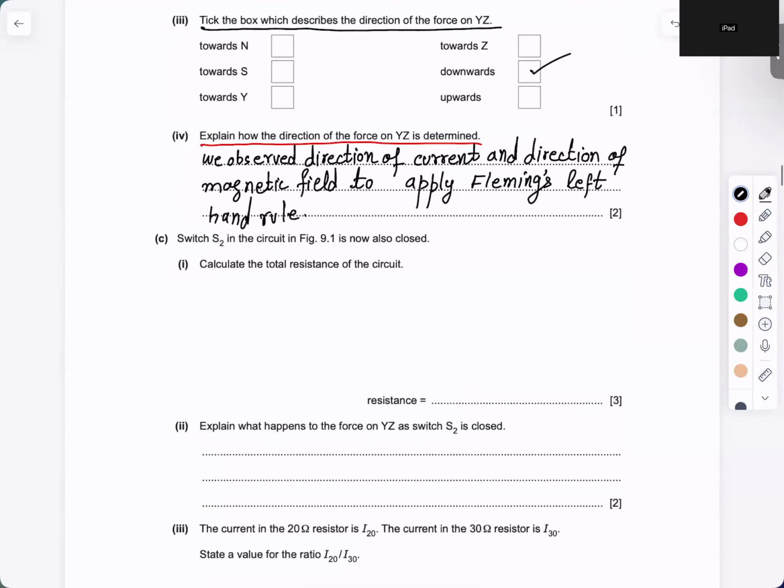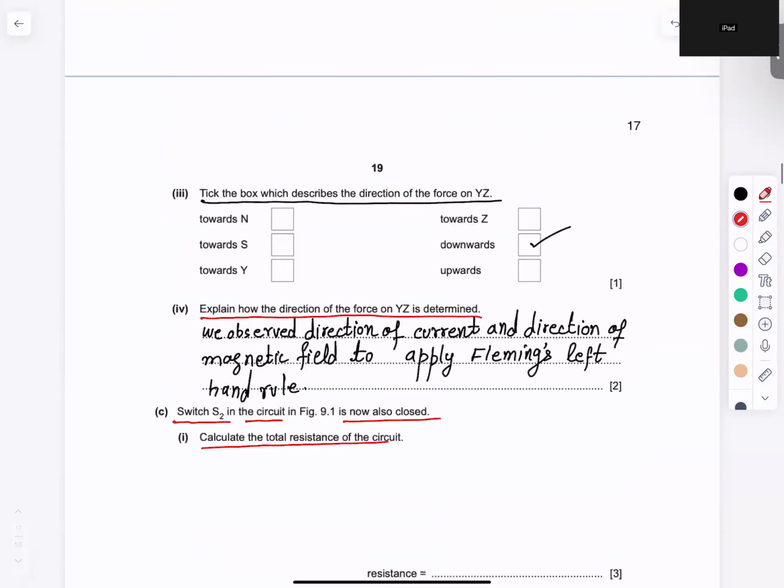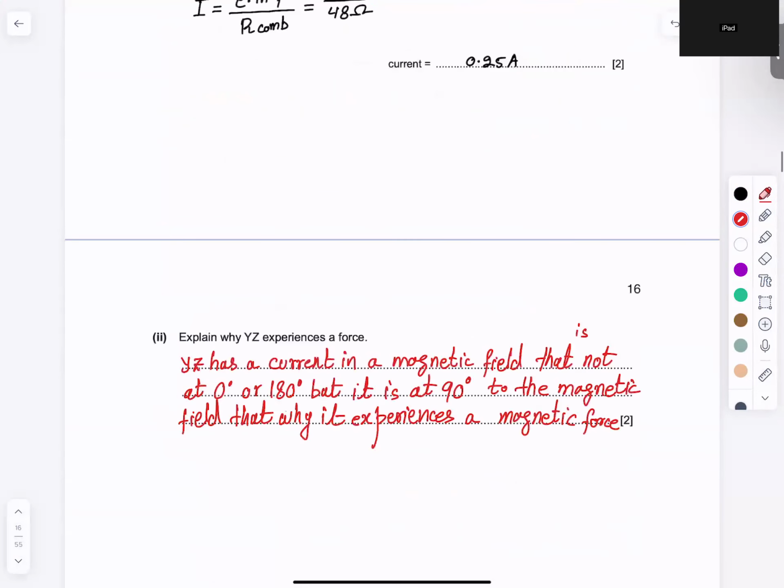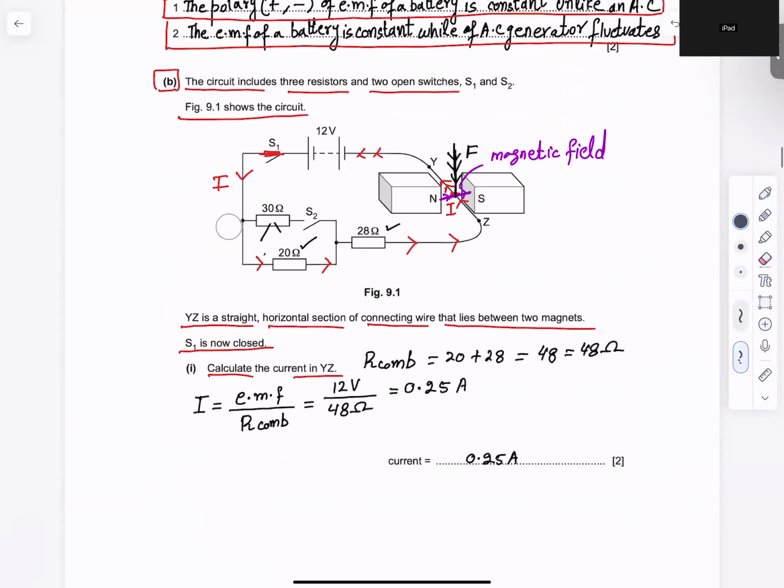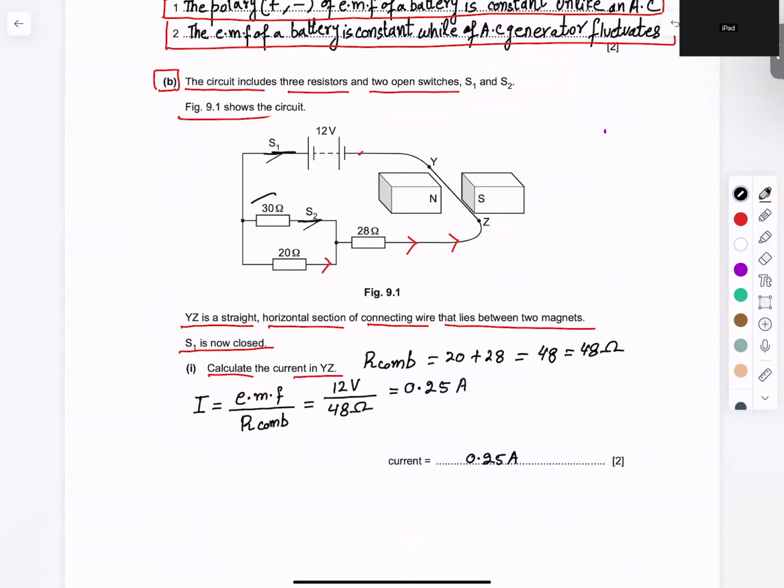When switch S2 in the circuit is closed, calculate the total resistance of the circuit. So when we close S2 as well, other than S1, which is already closed, these two resistors are parallel.